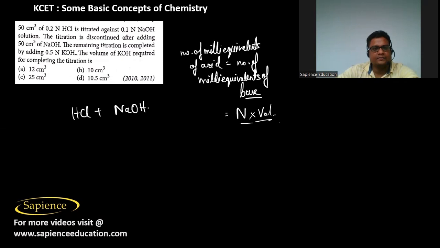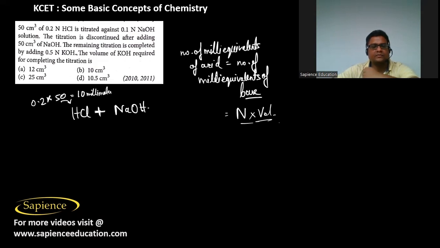Now, the number of milliequivalents of the acid will be equal to 0.2 normal into 50 cm³, that is 50 ml. So that will be equal to 10 millimoles.